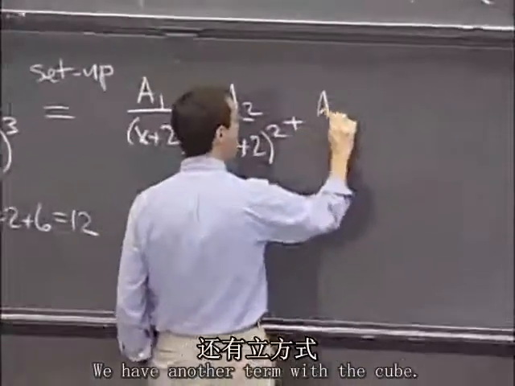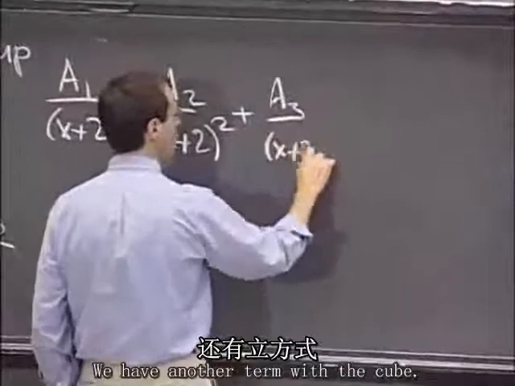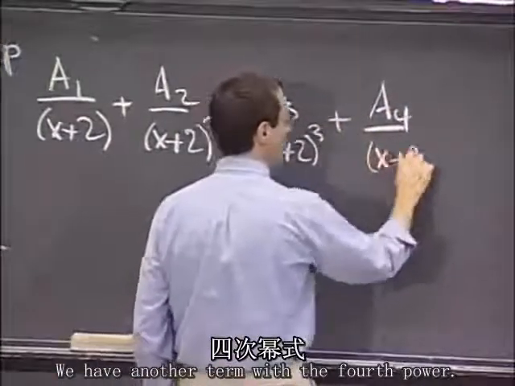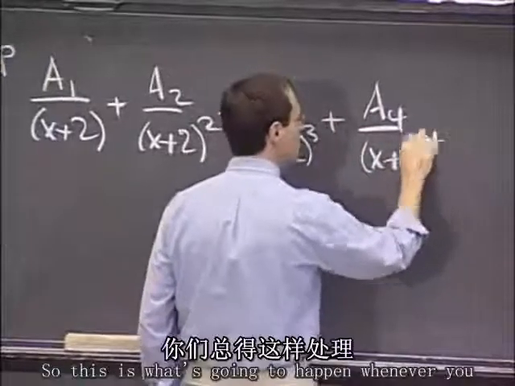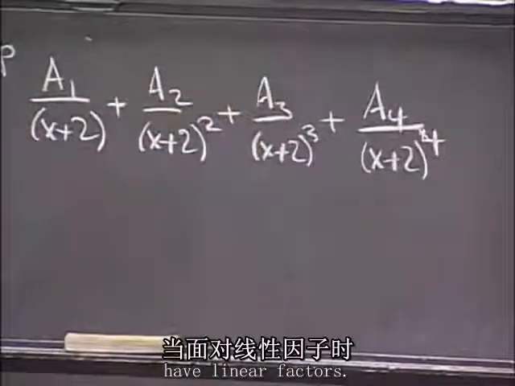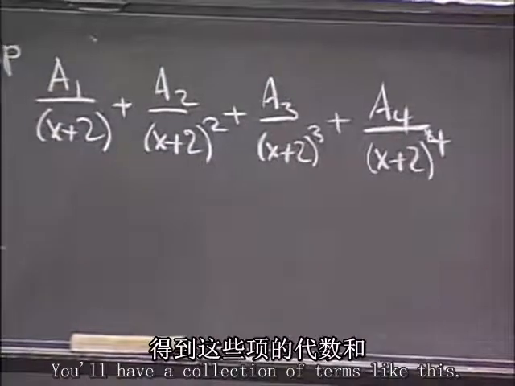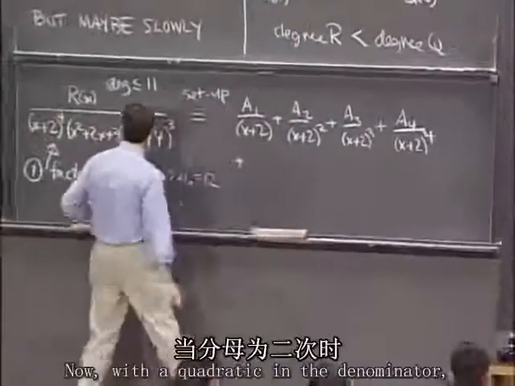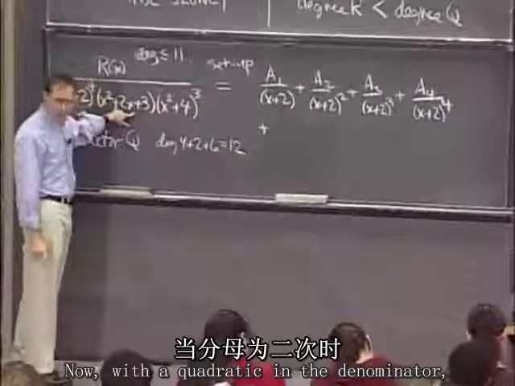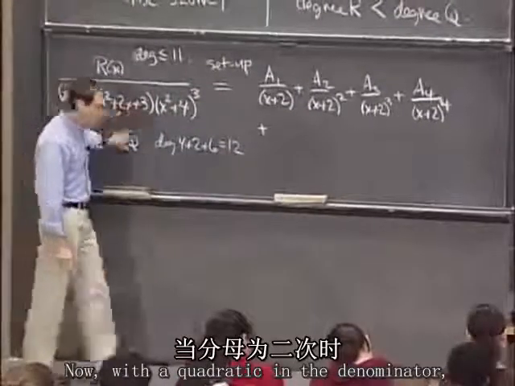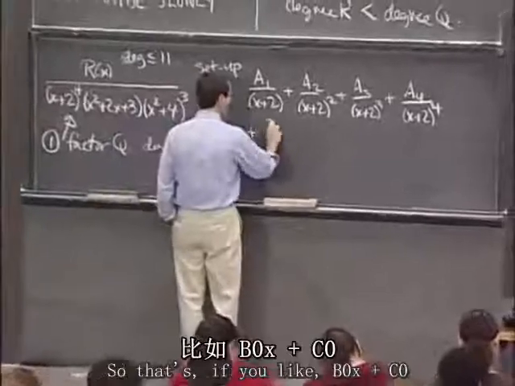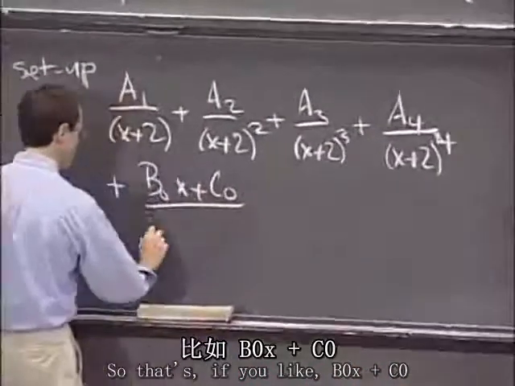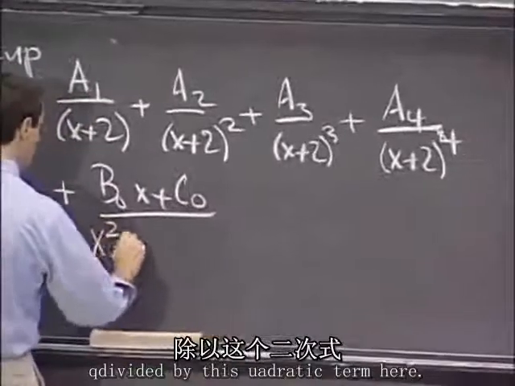We have another term with the cube. And we have another term with the fourth power. So this is what's going to happen whenever you have linear factors. You'll have a collection of terms like this. So you have 4 constants to take care of. Now, with a quadratic in the denominator, you need a linear function in the numerator. So that's, if you like, b0x plus c0 divided by this quadratic term here.